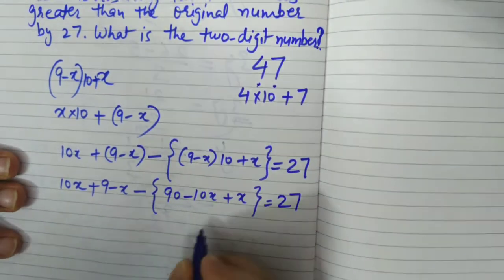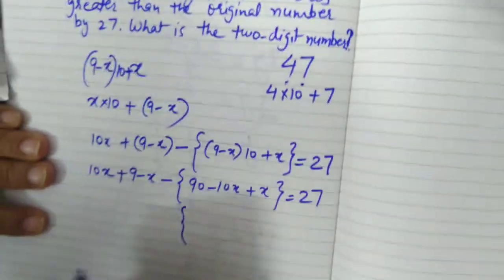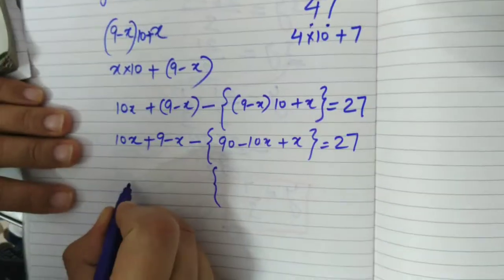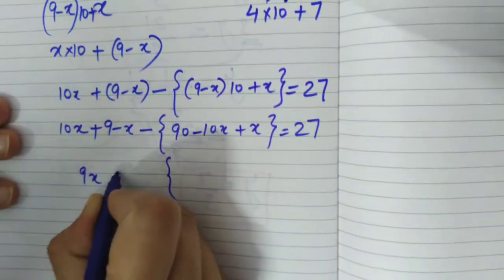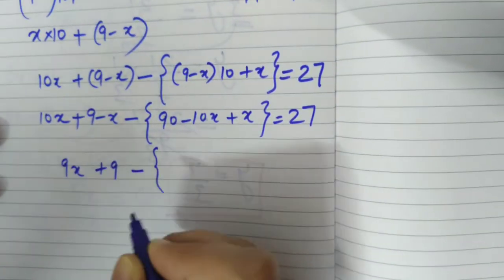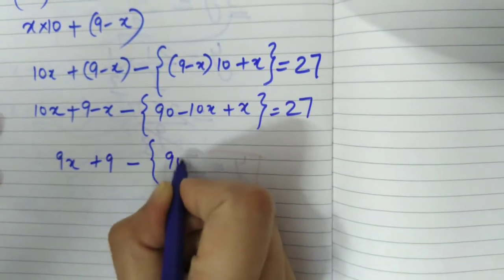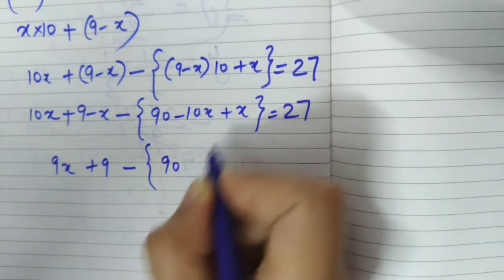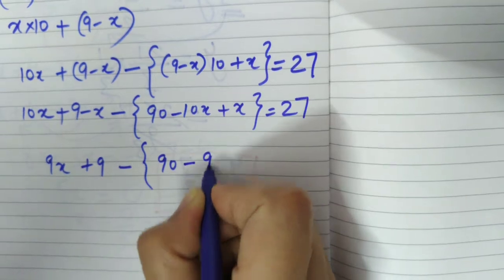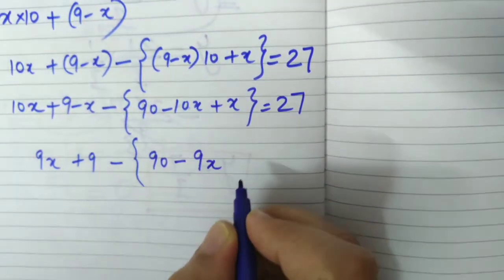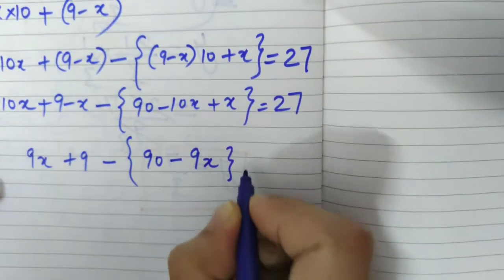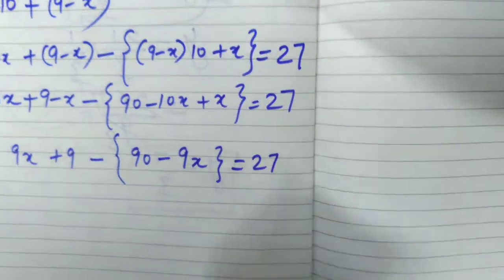Okay. So here 10x minus x will be 9x. 9x plus 9 minus, here it will be 90 minus 10x plus x, that is minus 9x, equal to 27.